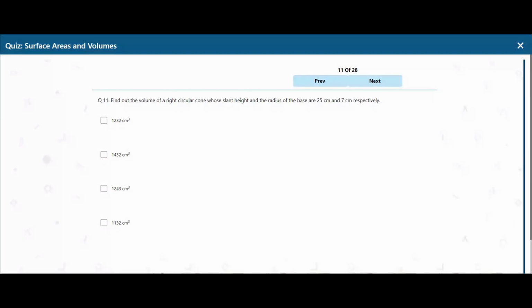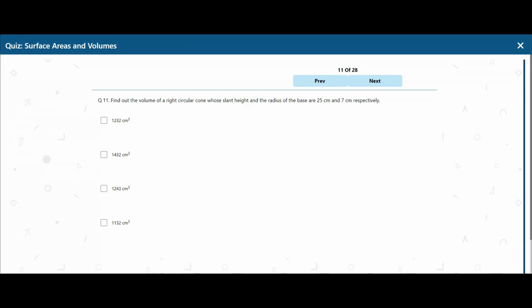Find h. How much did you get? What is h? 24, ma'am. 24. And after finding h, you find the volume.